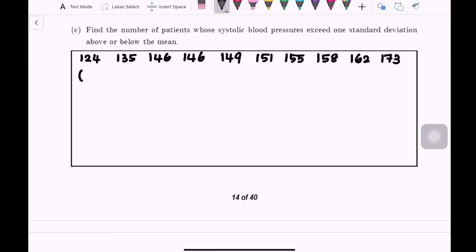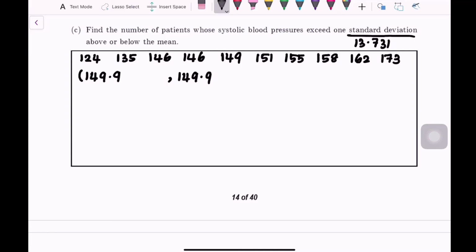Mean is equal to 149.9. Standard deviation is equal to 13.731.